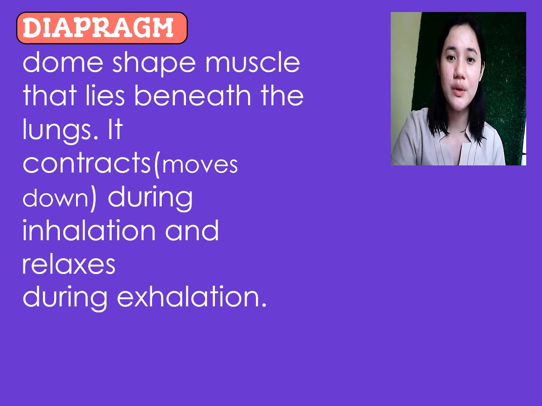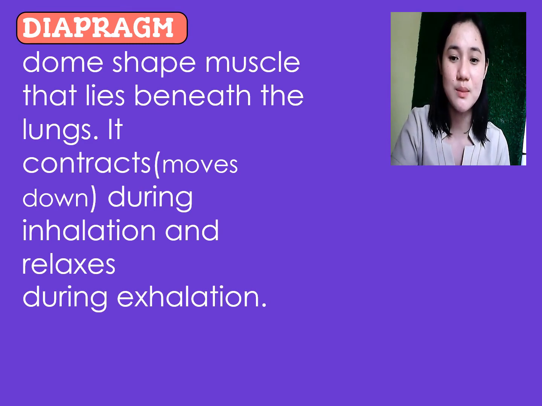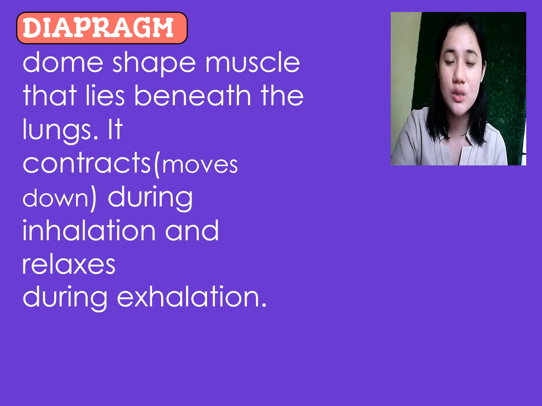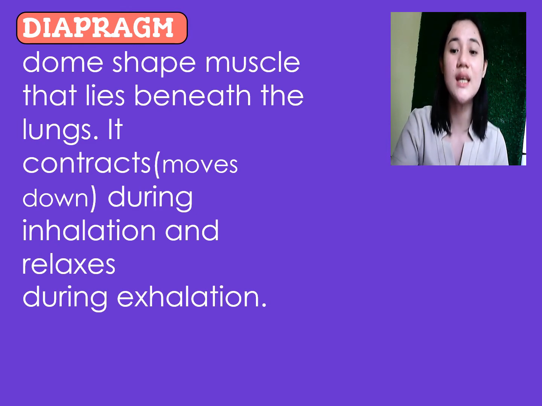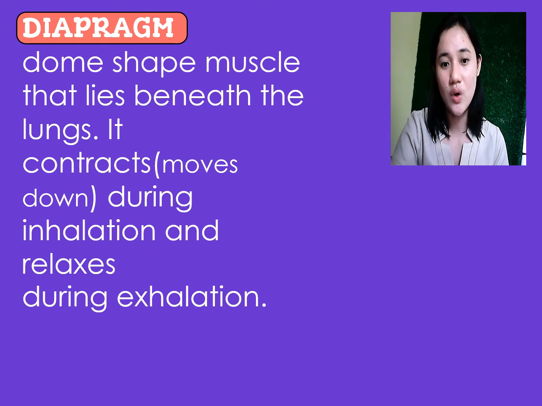The diaphragm is a powerful muscle nested at the bottom of the ribs. Okay, so the diaphragm is a dome-shaped muscle that lies beneath the lungs. Okay, it is located below your lungs. It contracts. When we say contract, it moves down during inhalation as we take in oxygen, and it relaxes during exhalation.